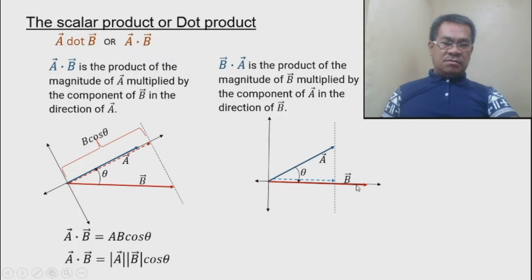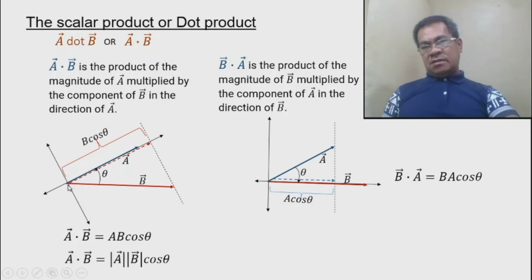The red is the vector b, so we take the magnitude of that. We also take the magnitude of the a component, then multiply. So this is a cosine theta because this is adjacent. And b dot a means the magnitude of b multiplied by the component a cosine theta. It is just a matter of multiplying this red magnitude times this dotted blue.